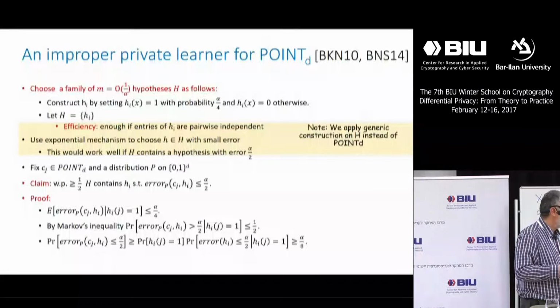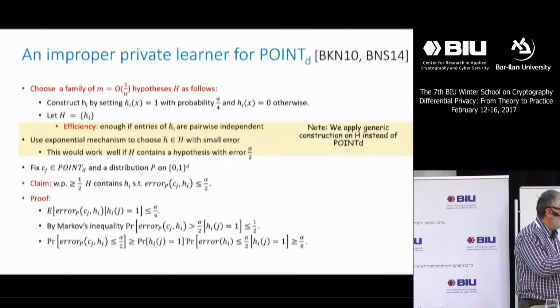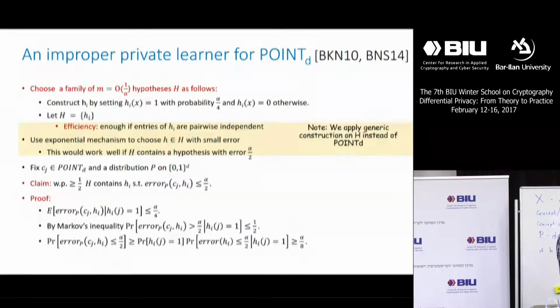And again, conditioning on the jth location being labeled 1, but this only happens with probability alpha over 4, and hence we're getting that overall, if we remove this conditioning, the probability of the error being bounded by alpha over 2 is at least alpha over 8.